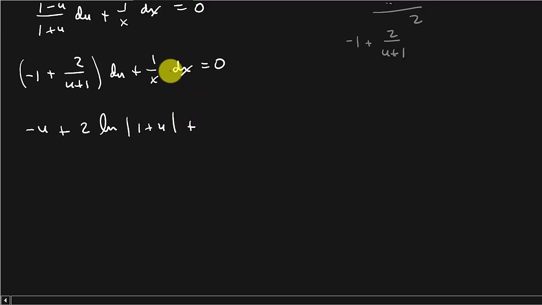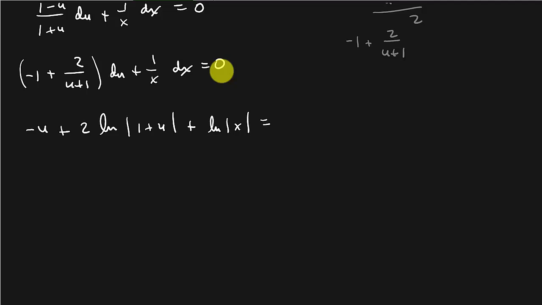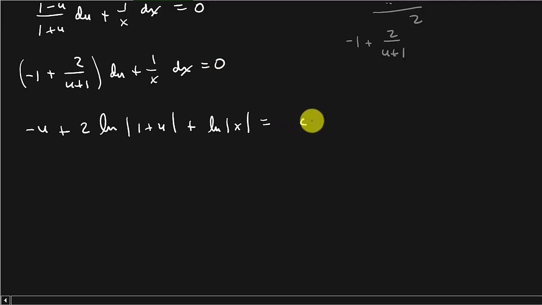Plus natural log absolute value of x equals, and when we integrate 0, we get a constant c. But I'm going to write this constant as natural log c, because I've got these natural logs here. It may make it a little easier.